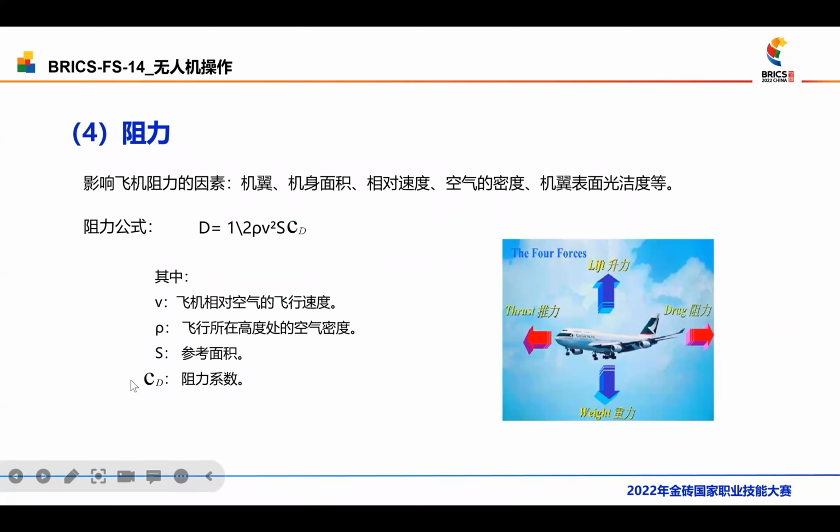S is the reference area. And lastly is the coefficient of drag. So from this, we can learn the factors affecting aircraft resistance are wind, fuselage area, relative speed, density of air, wing surface, etc.